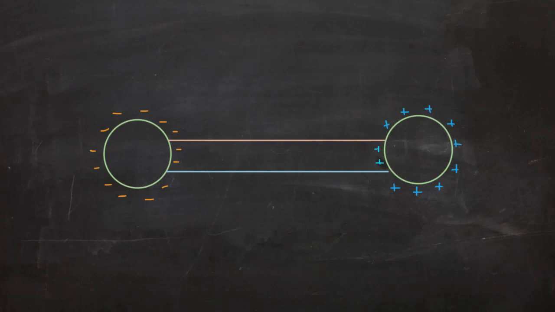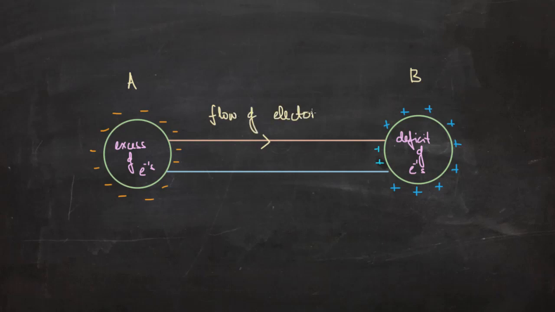So to summarize this video, if you have two charged bodies, one with an excess of electrons and the other with a deficit of electrons, what happens is the electrons from the body, say A, start moving towards the body B. This is the flow of electrons, while electric current flows from B to A. This is the direction of flow of electric current.